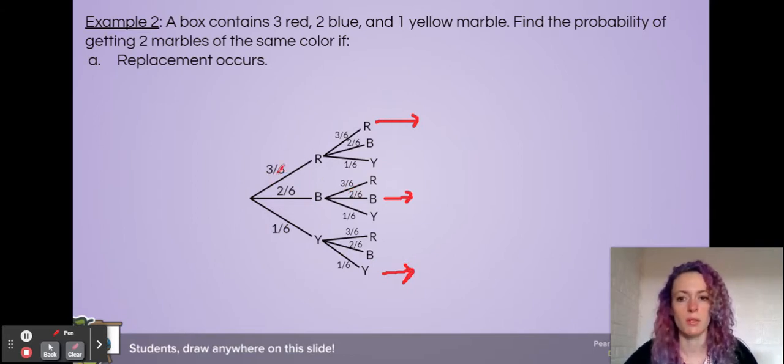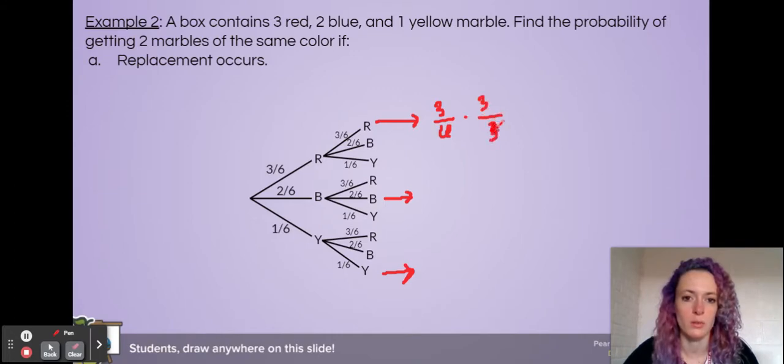So 2 reds probability, 3/6 times 3/6 would be, I'm not even going to do it. I'm just going to write it out. I can do it all on my calculator at the end. My blue branch would be 2/6 times 2/6.